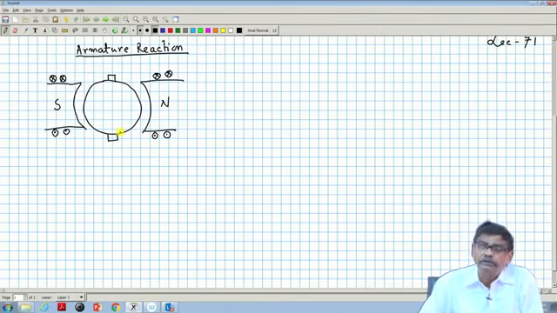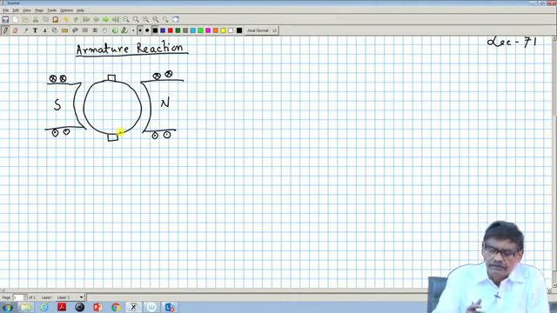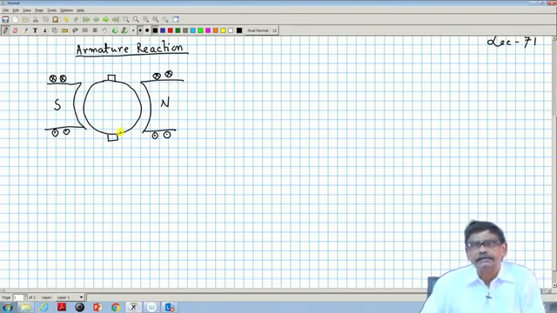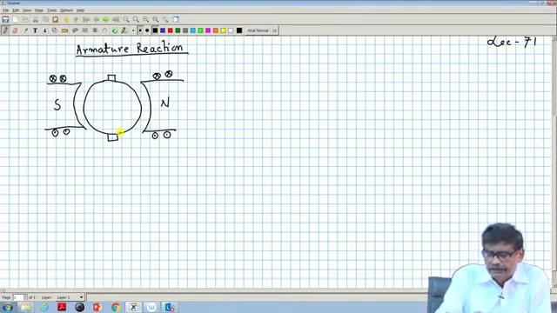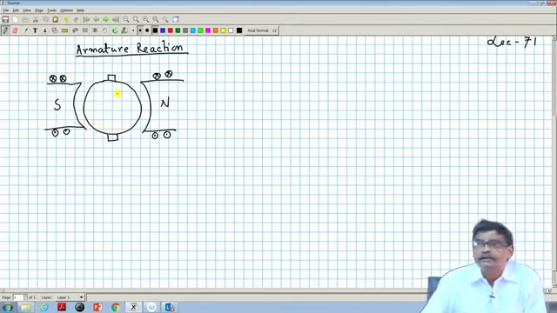This I told you on many occasions for AC machines as well as DC machines. So, in this simplified diagram, no matter whether it is a multipolar machine or not, only 2 poles are shown, and all angles here are in electrical degrees.